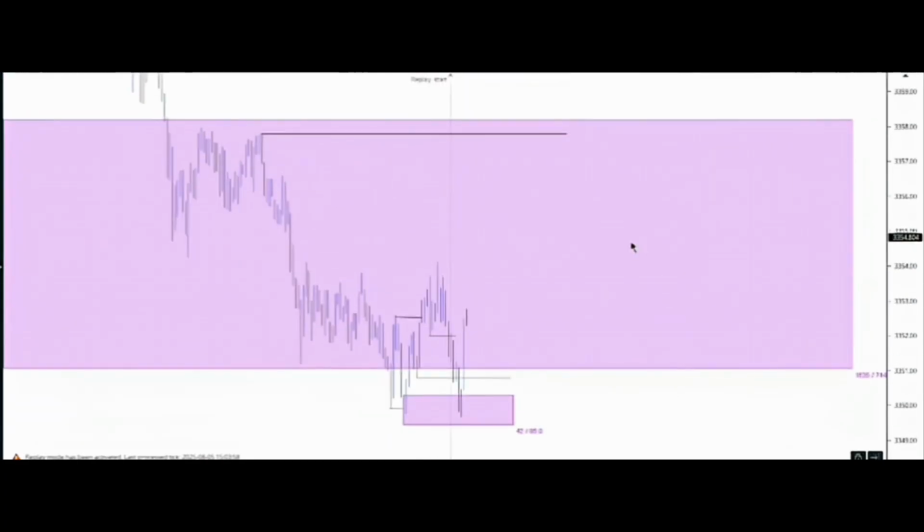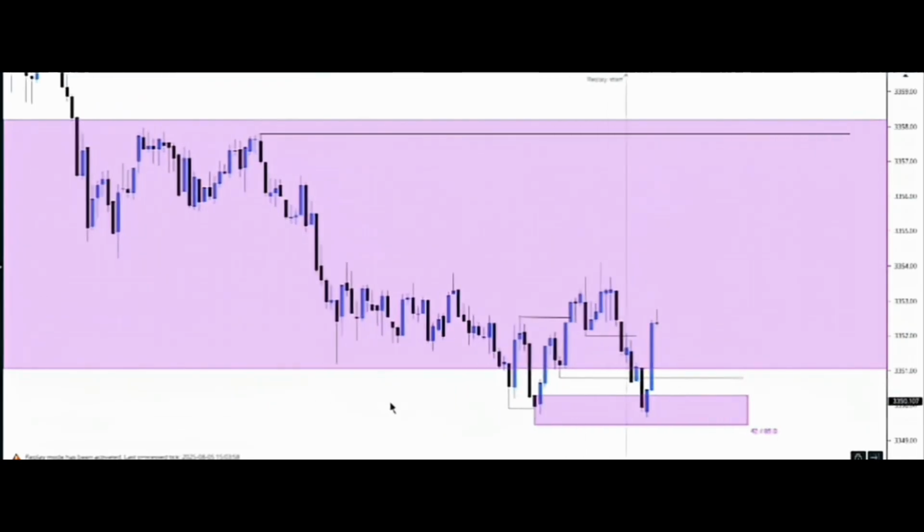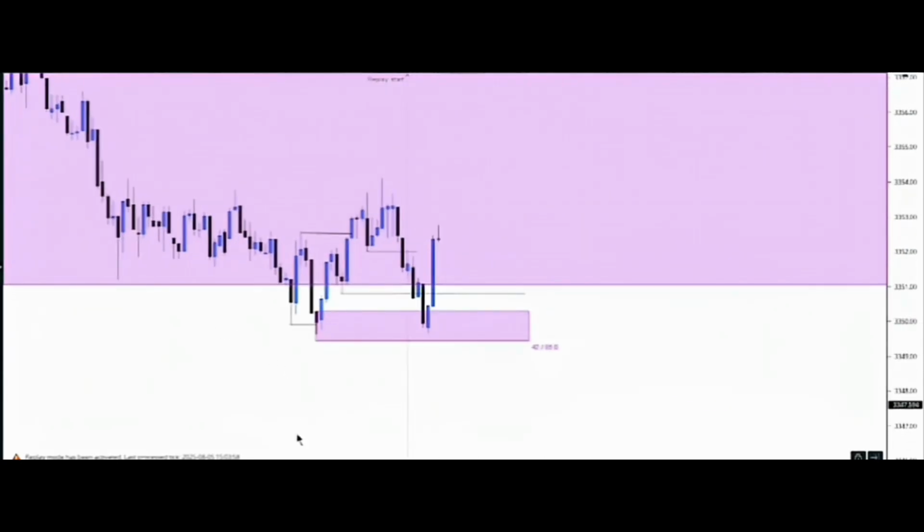If that goes our way, it's going to give us massive profit, about 5R, over 5R. So we can actually play price from there for us to see what the market will do.